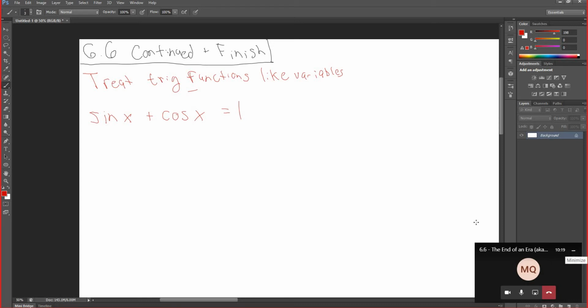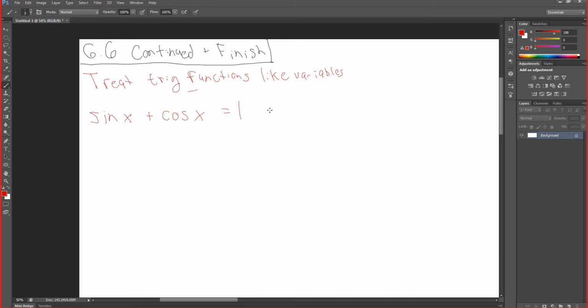Sine squared x plus cosine squared x is equal to 1. So this is close to that, but we don't have the squares.